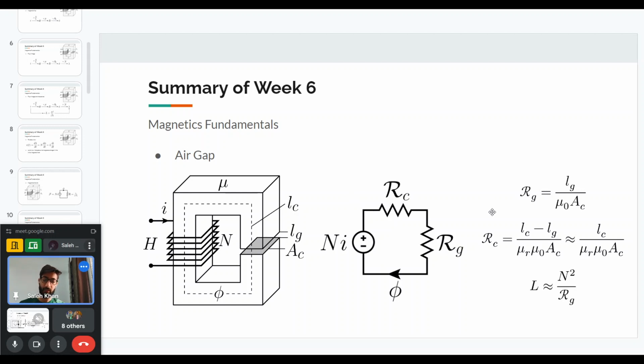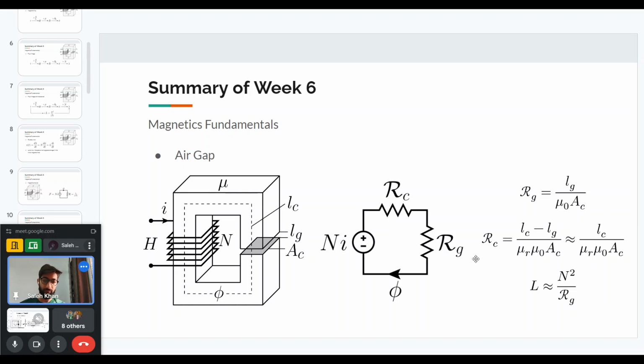So Rg will be given by Lg, which is the length of this air gap, divided by mu naught or mu zero, which is the permeability of free space, which is much smaller than the permeability of this magnetic material. And we can find Rc as well, but like I said, Lg is much smaller than Lc, so we can approximate it like this.